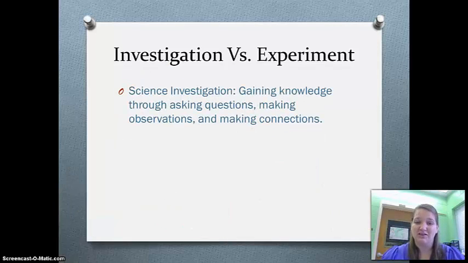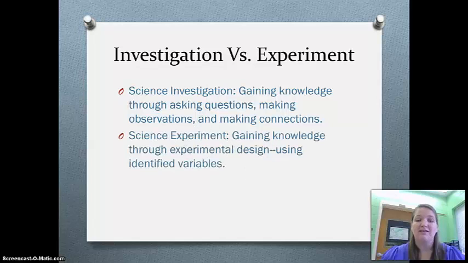Science investigations are where we're gaining knowledge through asking questions, making observations, and making connections. Whereas science experiments are where we're gaining knowledge through experimental design using identified variables.